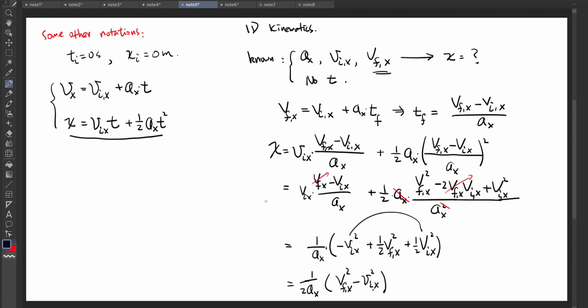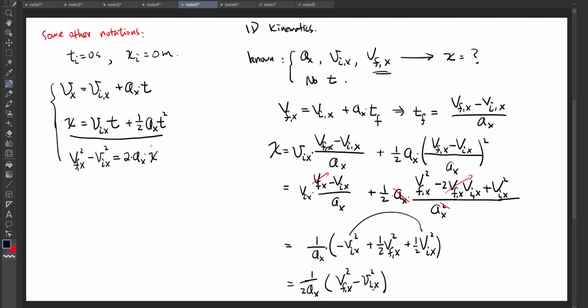Okay, so that's another important equation in 1D kinematics. If I'm given the final velocity, initial velocity, and the acceleration a, I can still calculate x through this equation: v final x squared minus v initial x squared equals 2 times a_x times x.